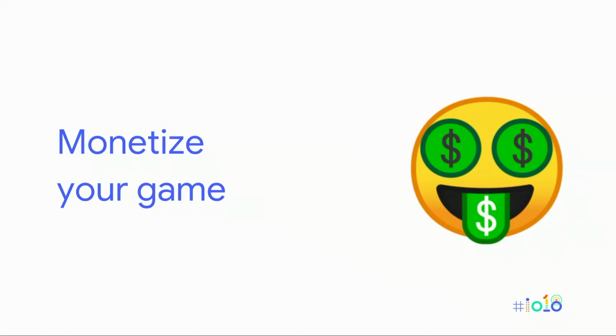Lastly, I'd like to talk about monetization options for your game. We've just announced our Digital Goods API here at I/O that allows you to directly sell digital entitlements using Google Play infrastructure. This builds upon our earlier launch this year, where you could use your existing Play entitlements with Assistant actions.